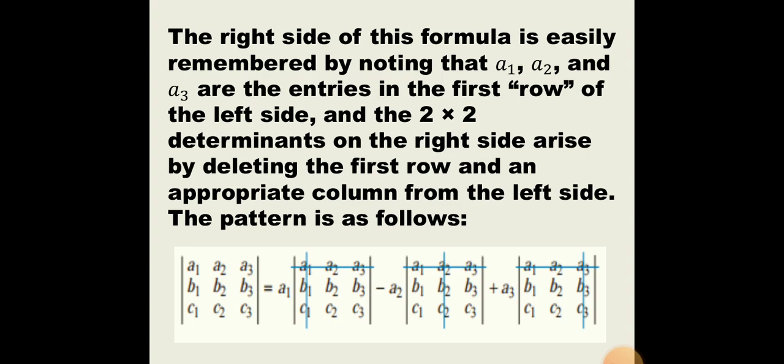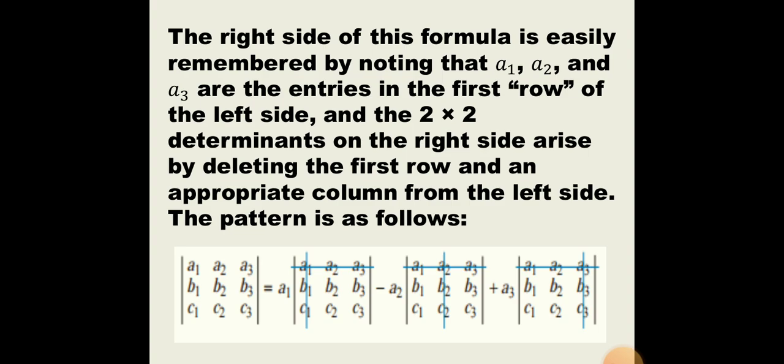Just the same thing in determining the value of our a sub 2. We have to delete the column aligned with a sub 2. That forms a letter T, since a sub 2 is in the middle of the first row. So the remaining determinant b sub 1, b sub 3, c sub 1, and c sub 3 is the value for our a sub 2.